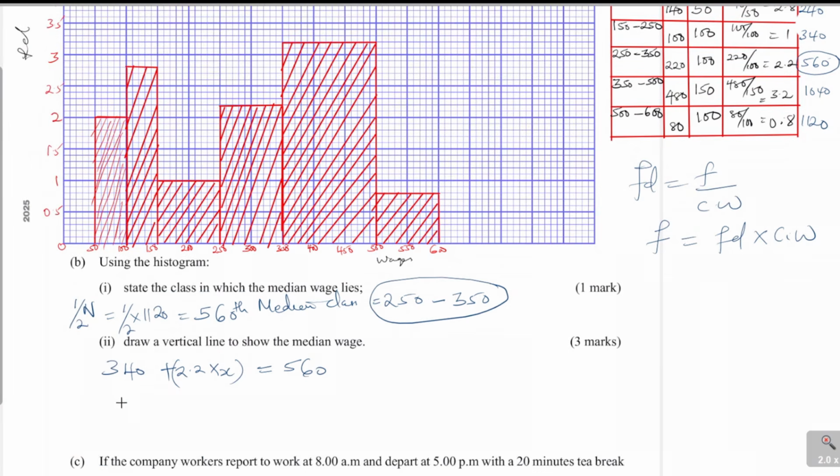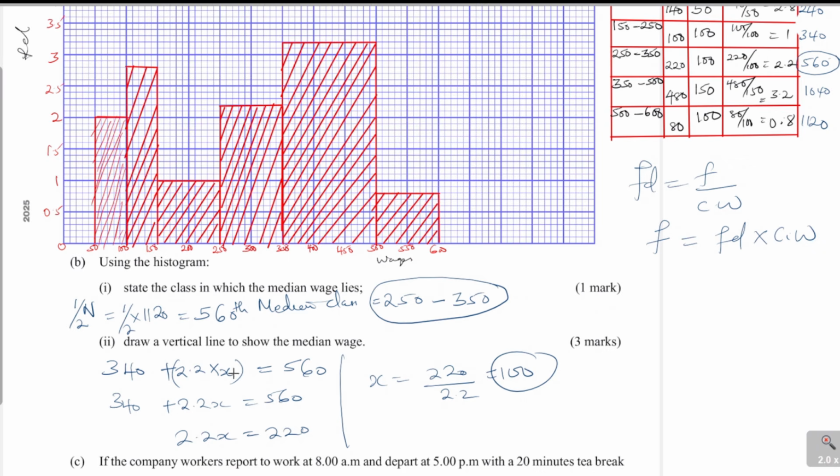So 340 plus 2.2x is equal to 560. So 2.2x is 560 minus 340, that is 220, and therefore x is 220 divided by 2.2. That gives 100. So the class width is 100.